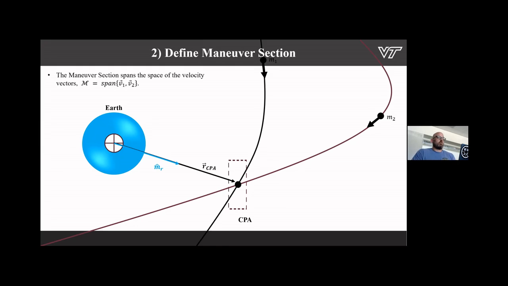So the maneuver section I take is basically the span of the velocity vectors from each satellite, M1, M2. And that's how I can define my orthonormal coordinate frame for this process.